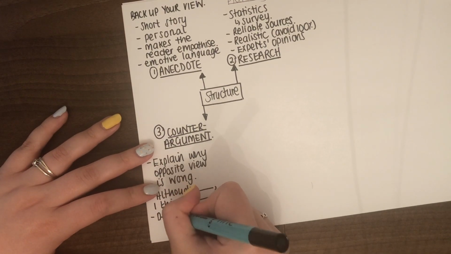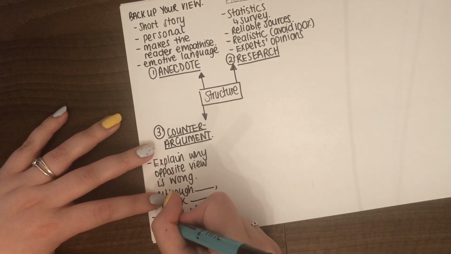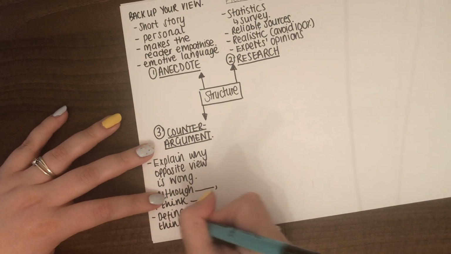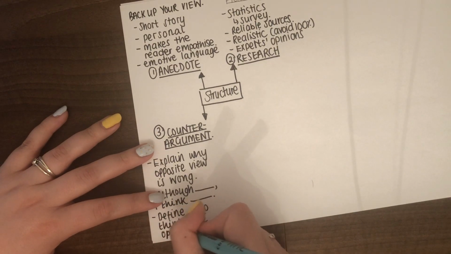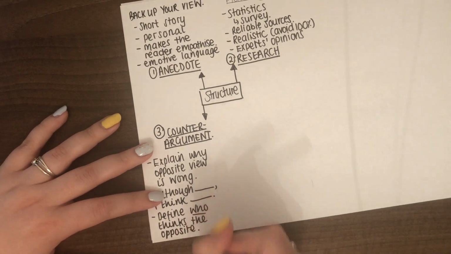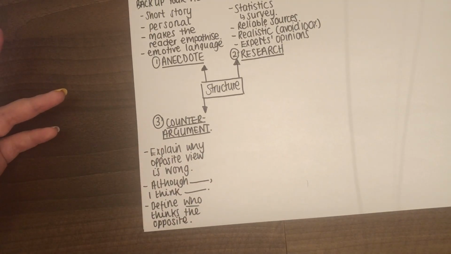define who is likely to think the opposite. So for example, if we were doing uniform and you're arguing against uniform, you might think that teachers might think that uniforms are a positive thing.